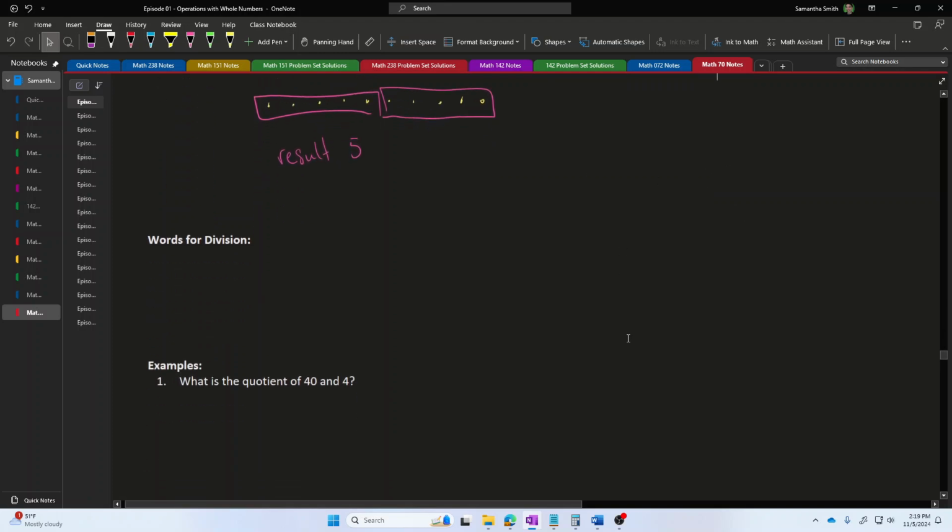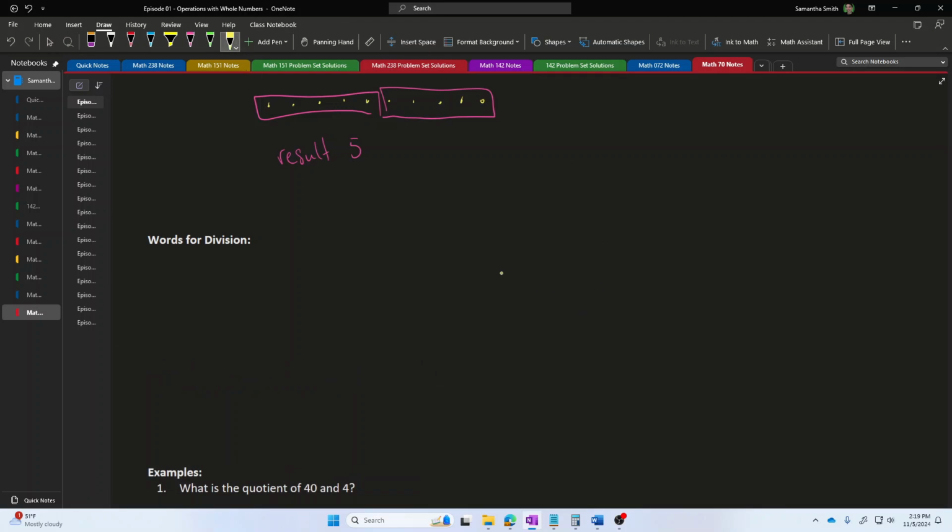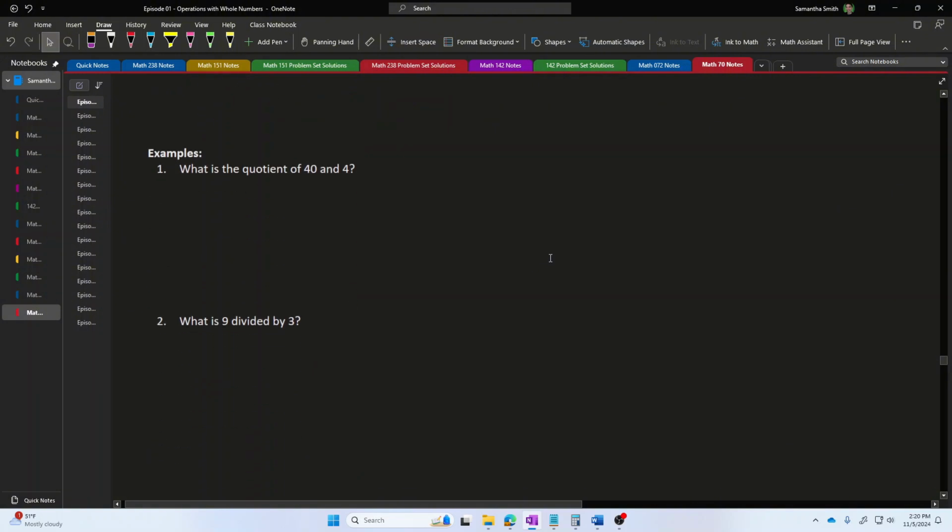Now let's talk about some of the common words that are used to communicate division. The main word that's used to indicate division is quotient. So for example, if someone said, what is the quotient of 40 and 4? What they're asking you is, what is 40 divided by 4?